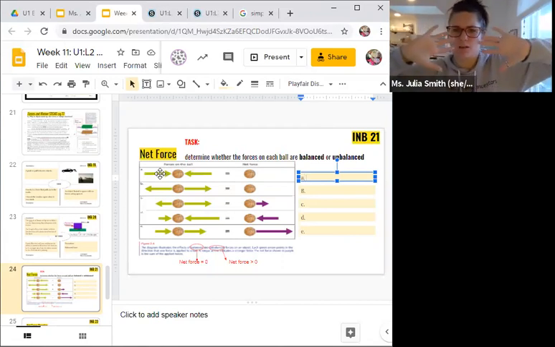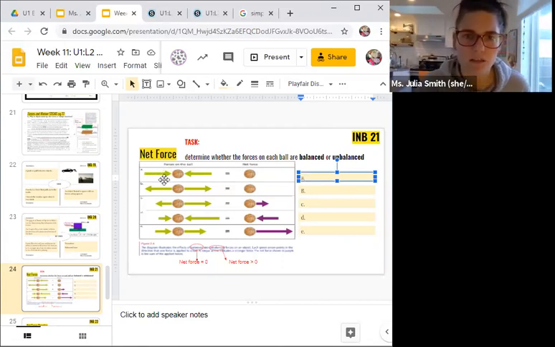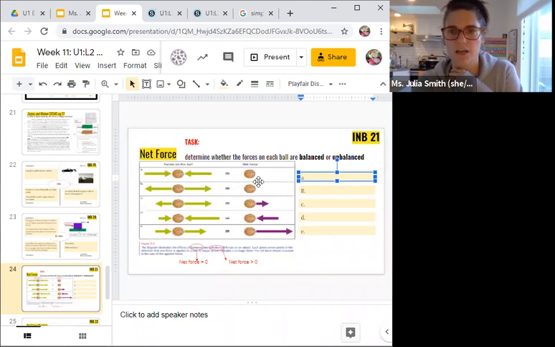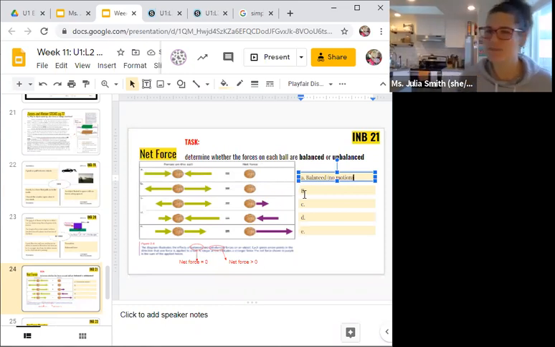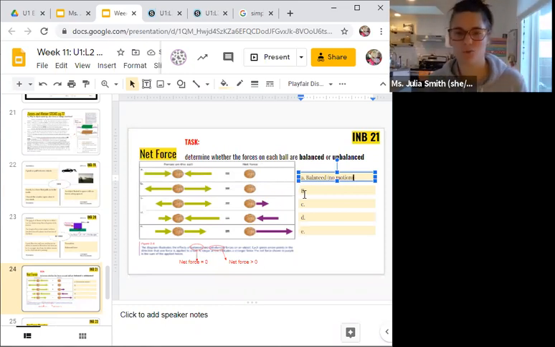They're both pushing on the basketball, but the arrows are equal in length, which means they're the same strength, resulting in no net force. Because the forces on each side of the ball are balanced and we have no motion, we can say that these forces are balanced. When there's no motion, the forces are balanced.